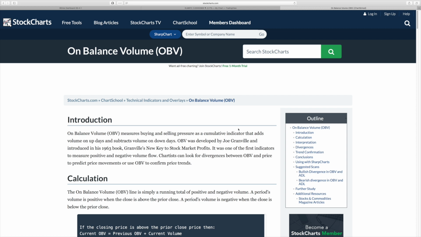So this was developed quite a while ago. As you can see here, it was developed by Joe Granville, introduced in 1963. So it's one of the first indicators to measure positive and negative volume flow. Chartists can look for divergences between OBV and price to predict movements, or use OBV to confirm price trends. The theory behind it is that volume movement leads price movement. That was what Joe Granville's theory posited.